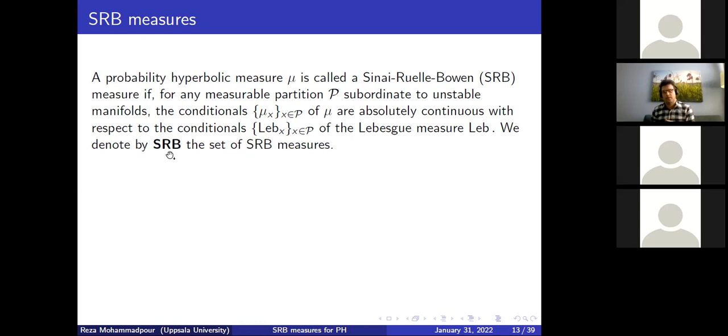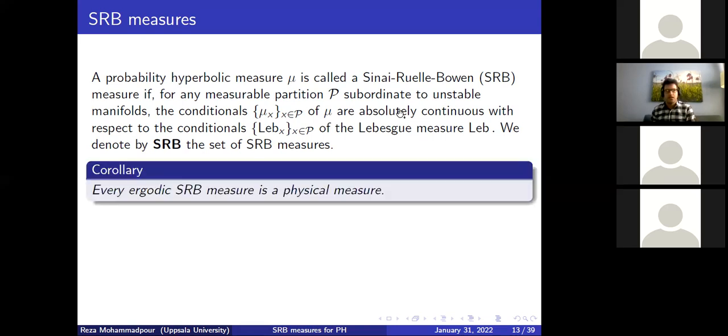We denote by SRB the set of SRB measures. Again, an SRB measure might not exist for a system, but an observable measure always exists. Every ergodic SRB measure is a physical measure, which follows from Pesin theory.